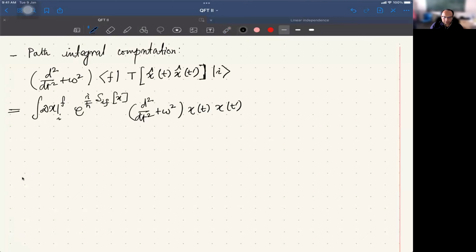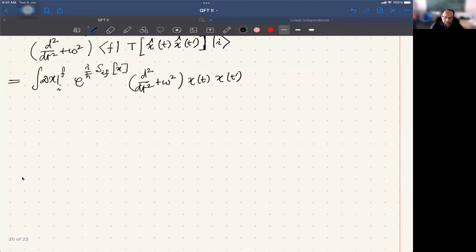This is the path integral statement, and now you can use a trick to calculate this.